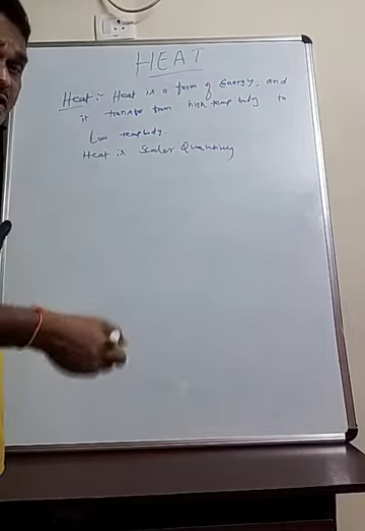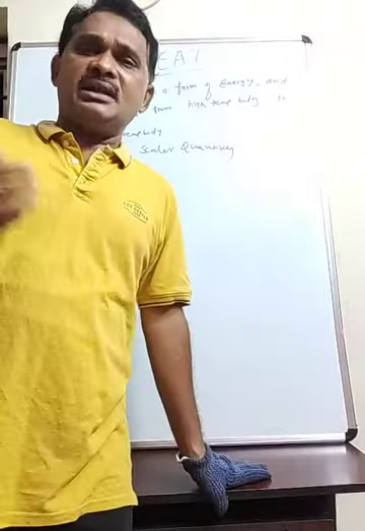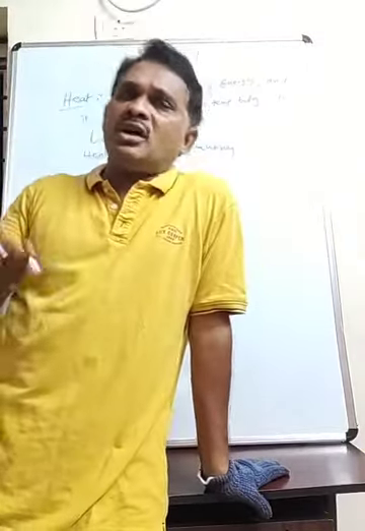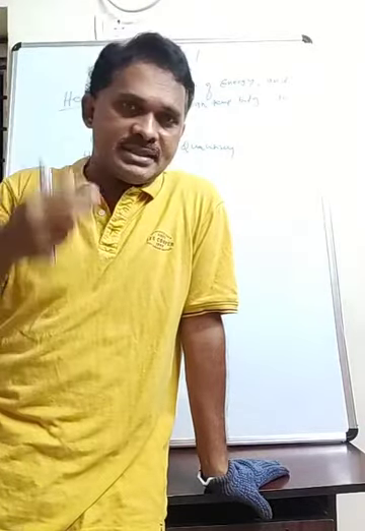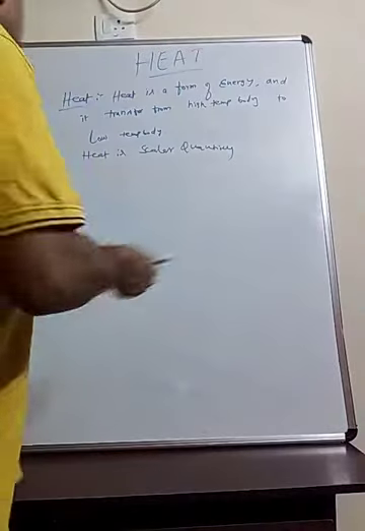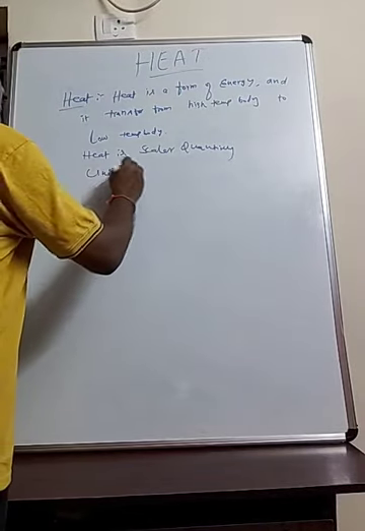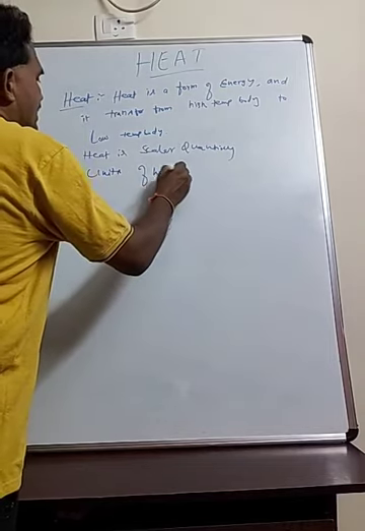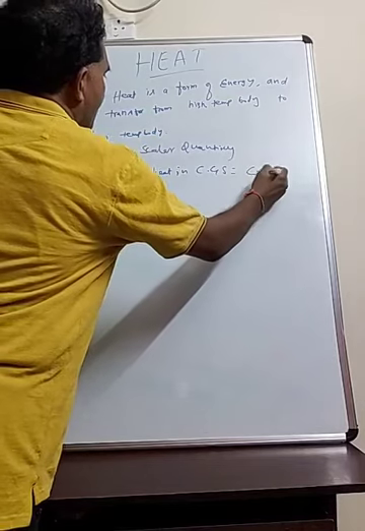Then what are the units of heat? There are two types of units. Nowadays we all follow SI units. Before SI units we had CGS units. The unit of heat in CGS is calorie.